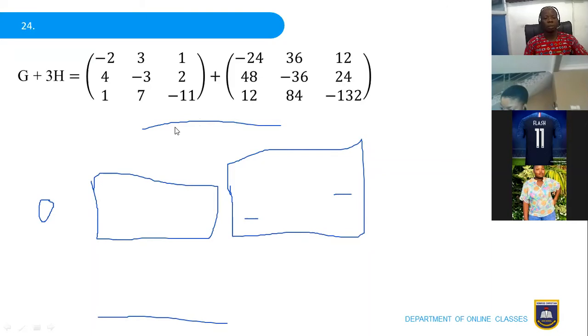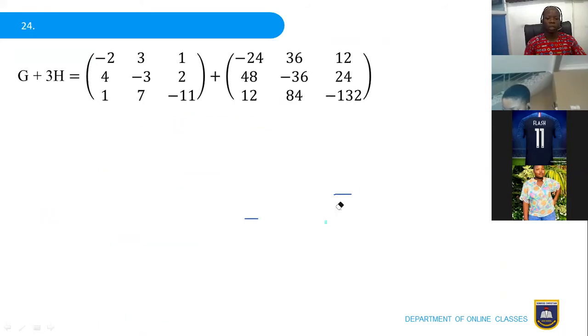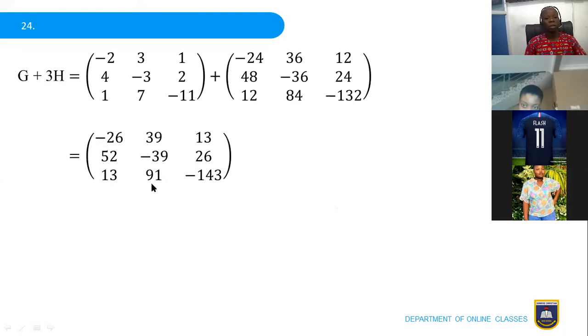We know the addition rule: we add their corresponding components. So by adding corresponding components, we will now have the matrix below, which is -26. That's -2 plus -24 will give you -26. 3 plus 36 will also give you 39. 1 plus 12 will also give you 13.